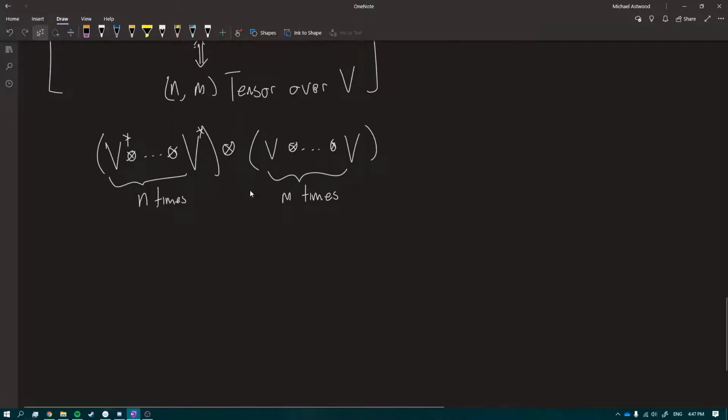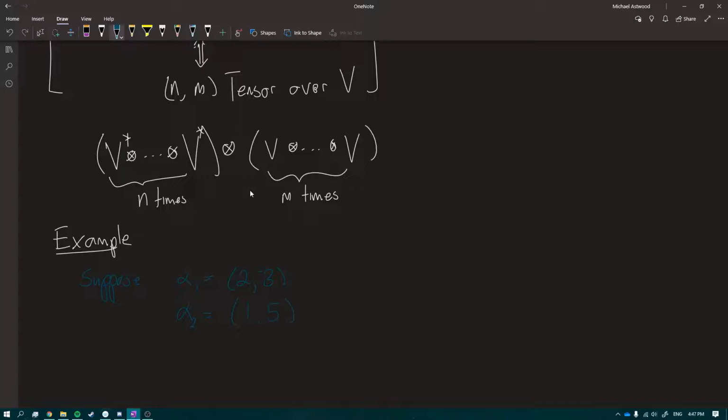So let me show you an example. Suppose alpha 1 is some covector. I'll pick 2, 3, I don't know. And alpha 2 is another covector, 1, 5.